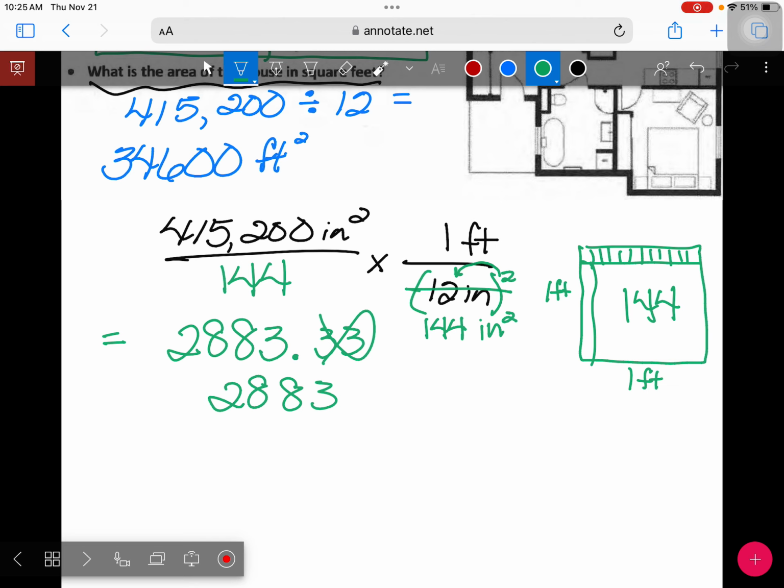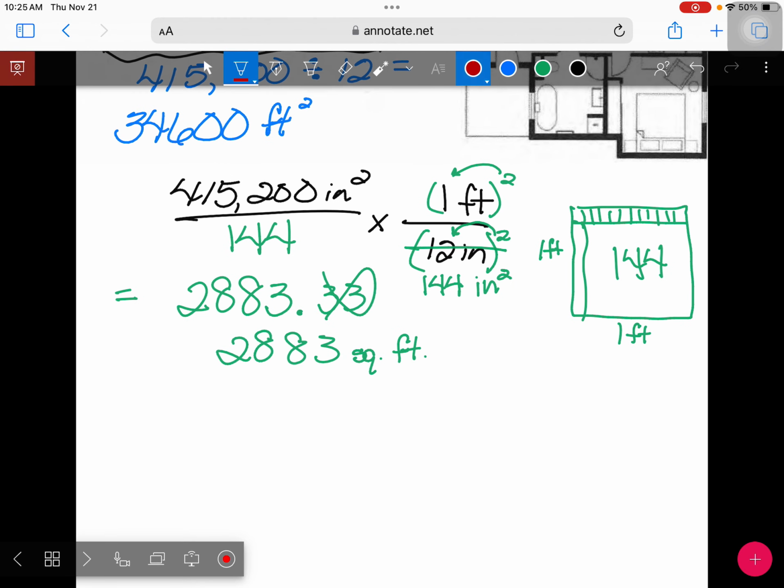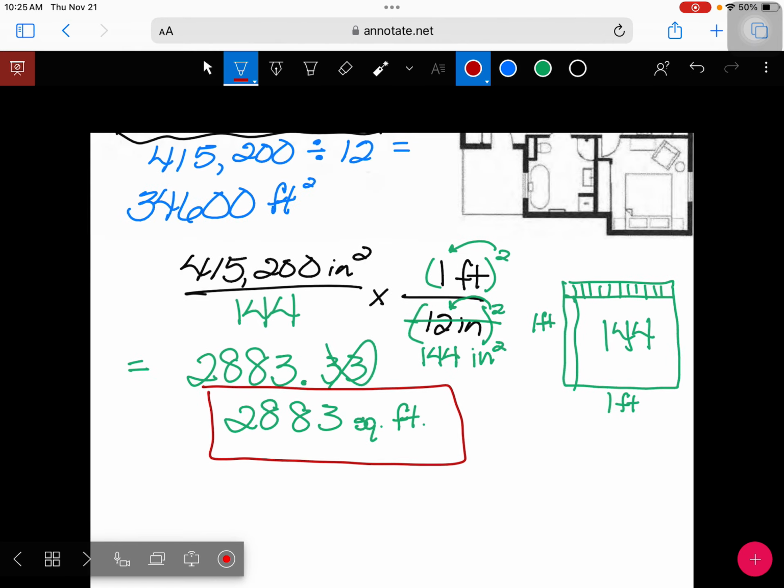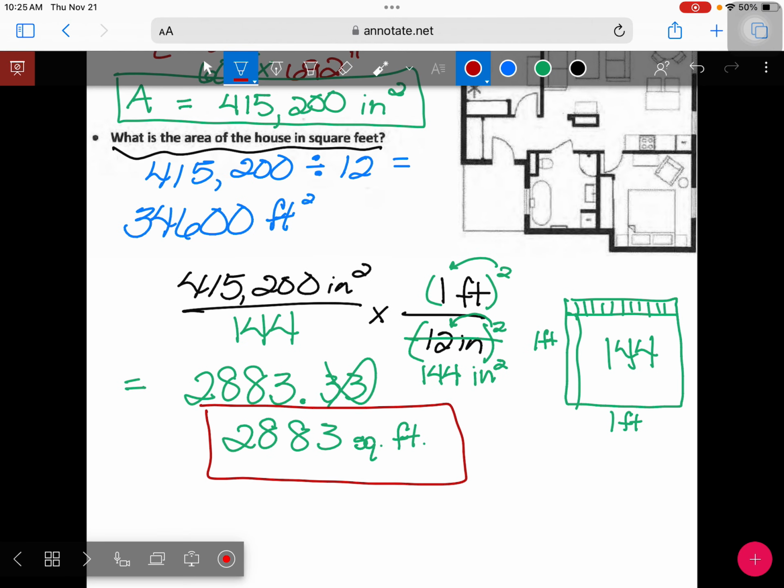And, I even kind of forgot, if you're doing this in square inches, this would be 1 foot squared. So this becomes square feet. But that is just the label, because 1 squared is still 1. All right? So this right here is the area of the house.